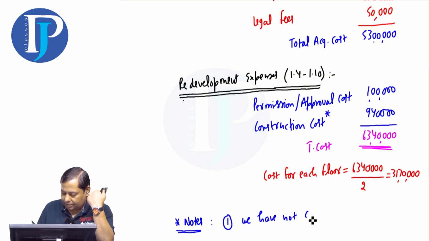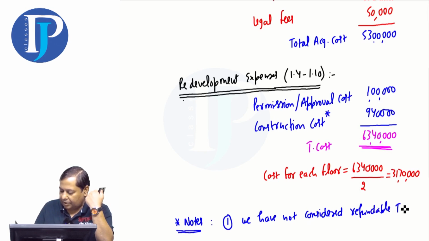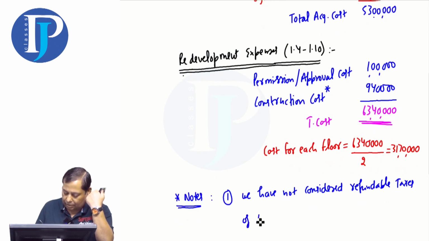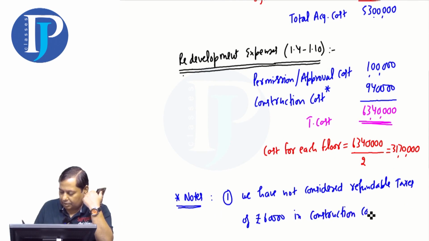We have not considered refundable taxes of rupees 60,000 in construction cost.